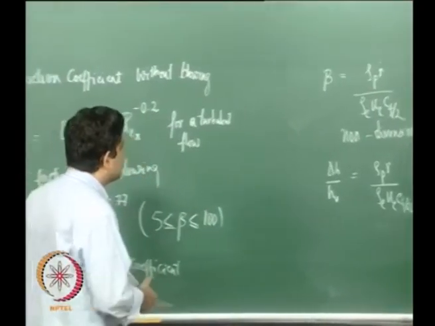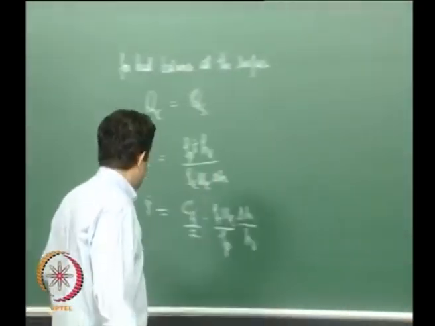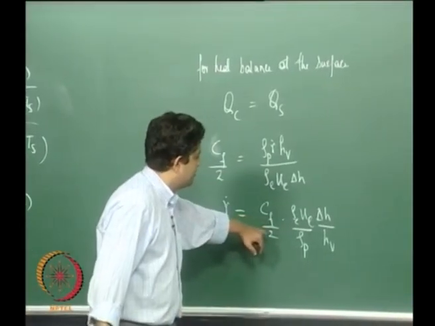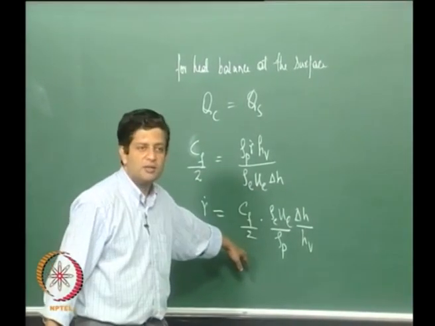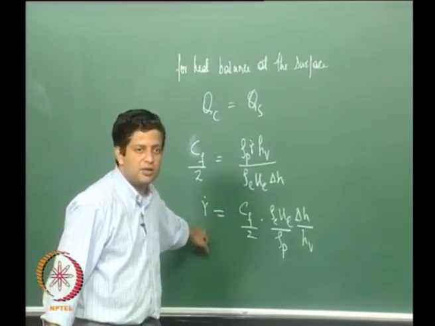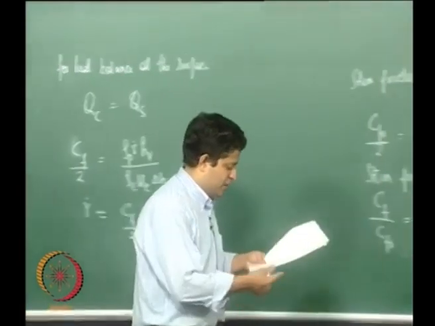So now I have this expression for r dot here, wherein I have defined Cf, I have defined all other terms, so I can plug them in and get my expression for r dot, which we will do.